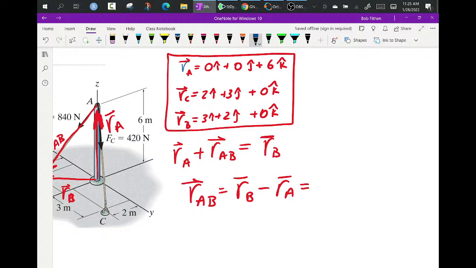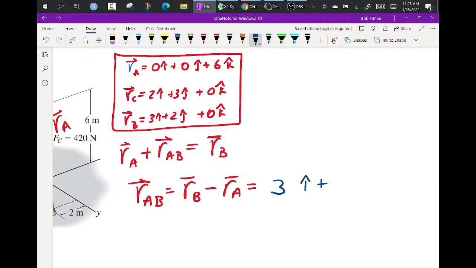So I'm going to first start with the I component of RB minus RA. That just becomes 3. Then I'm going to do the J component. I'm going to take RB minus RA.